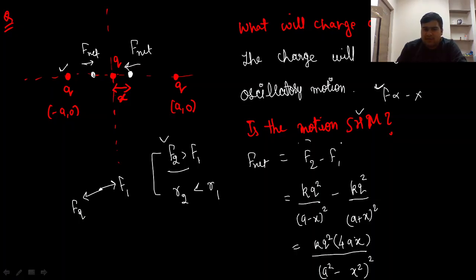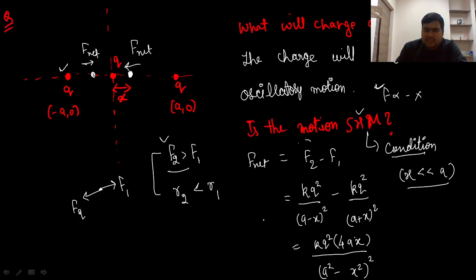For SHM, let me give you a condition in the question itself. The condition is that x is very much less than a. So if x is very less than a, this F net can be written as kq² over a⁴ multiplied by 4ax.